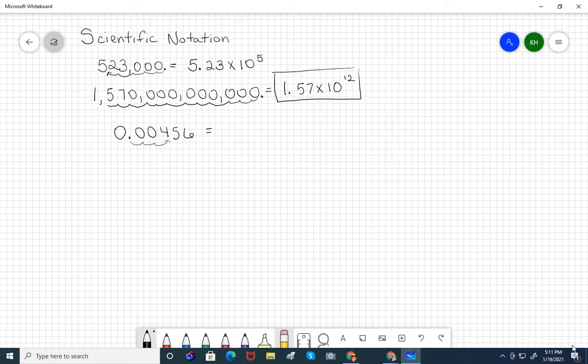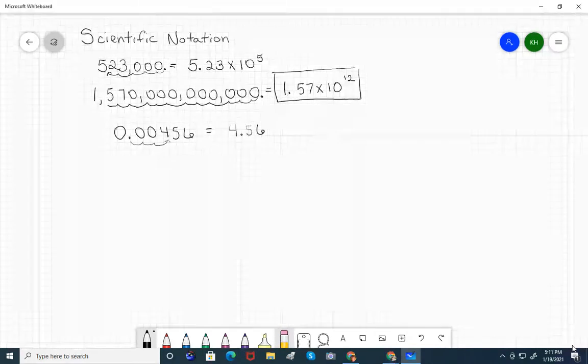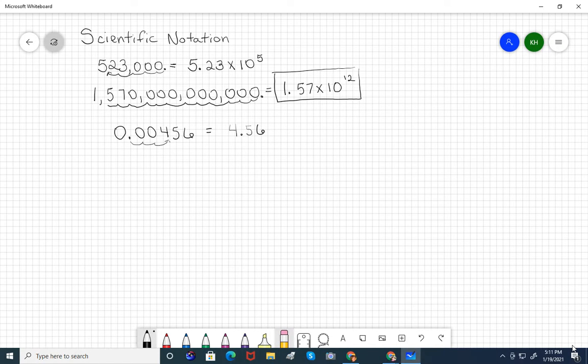So this would be 4.56. But to get the original number back, we wouldn't have to multiply by 10. We'd have to actually divide by 10 1, 2, 3 times because we moved the decimal 3 places. So anytime we have numbers that are less than 1, we know that that's going to be written in scientific notation with a negative exponent.